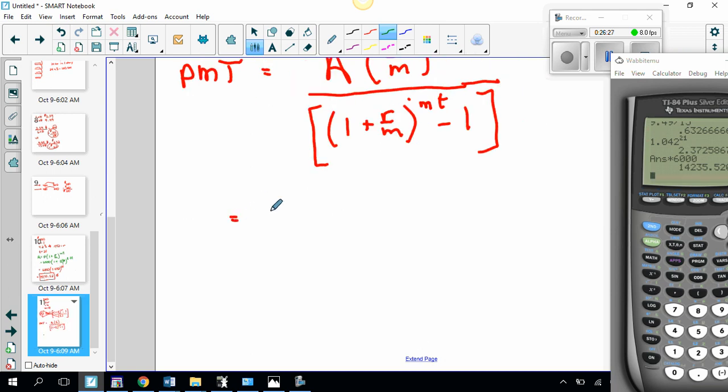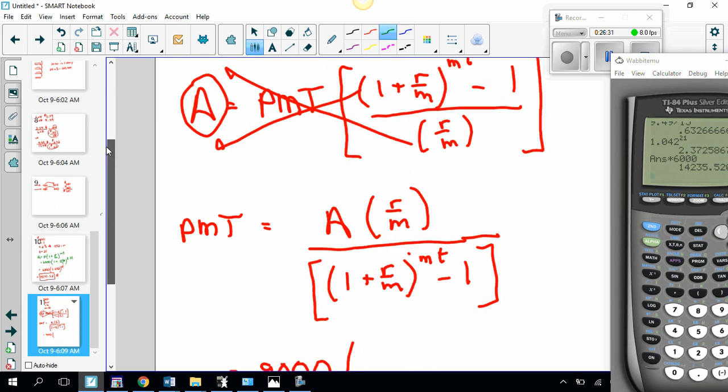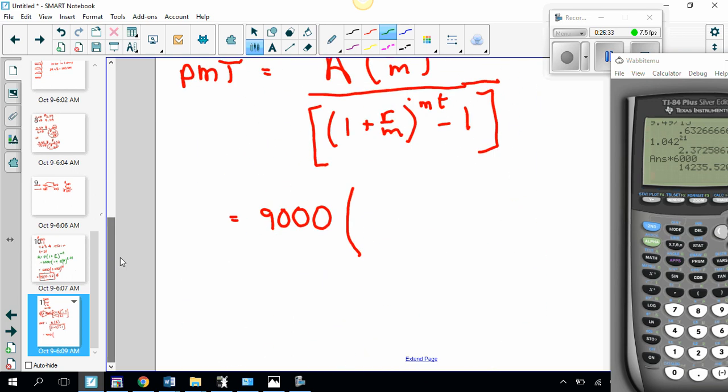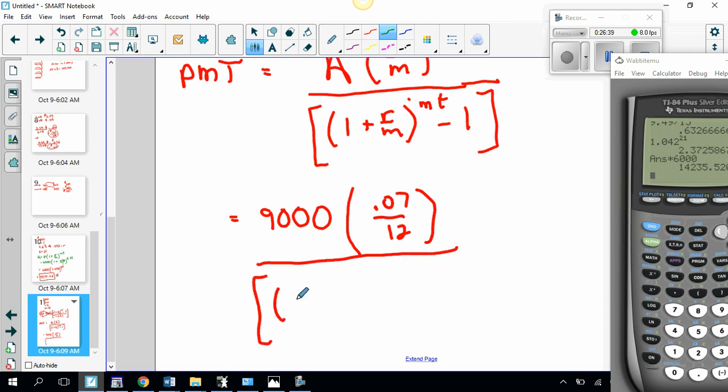So you got your 90 grand at 7% over 12 over 1 plus 0.07 over 12 to the 12 compounded times 12 minus 1.